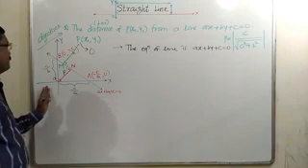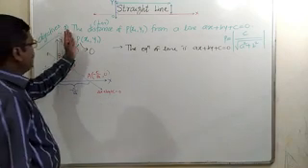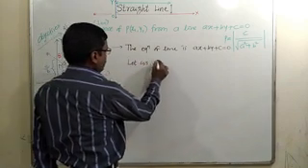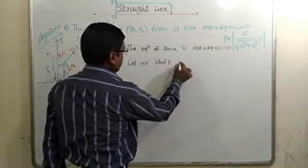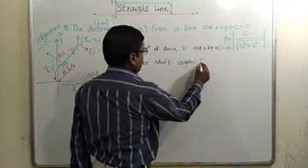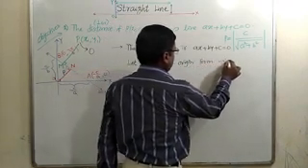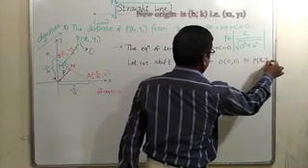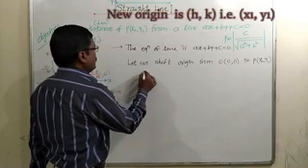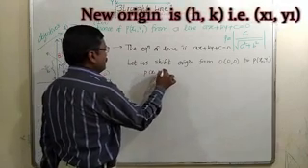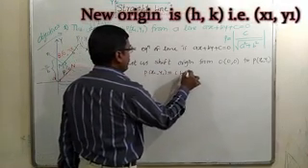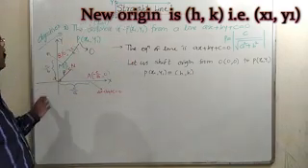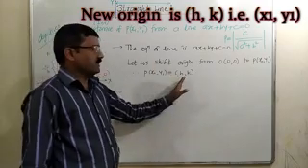Now we are shifting origin from O(0, 0) to P(x1, y1). Therefore this P(x1, y1) is nothing but our (h, k), because the point where we are moving origin, we always consider as (h, k).